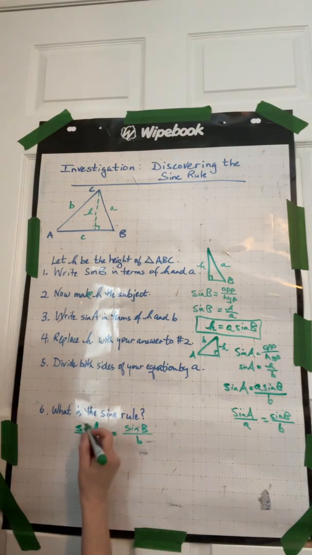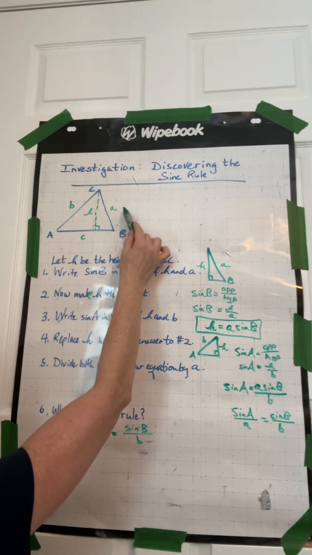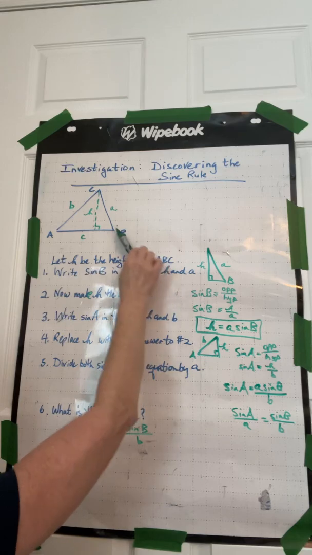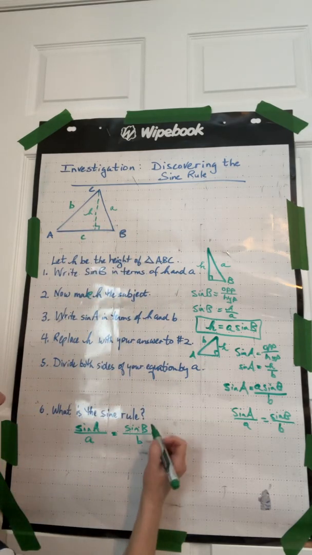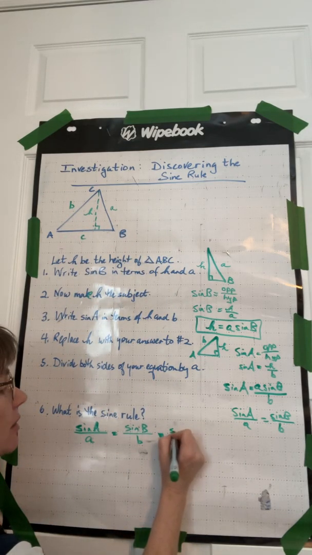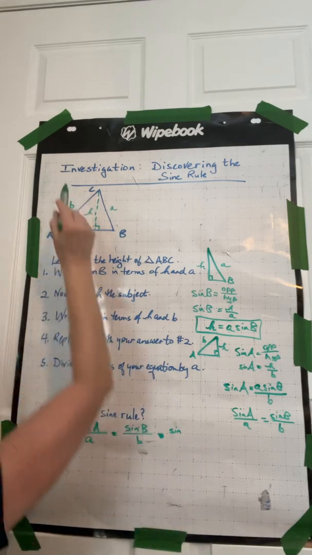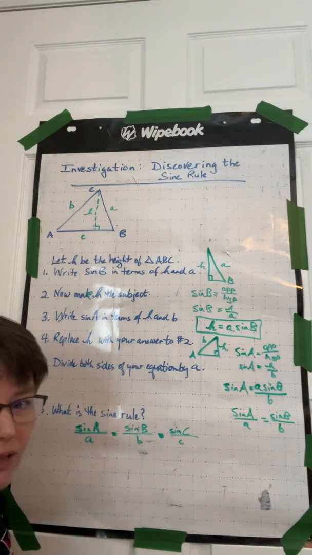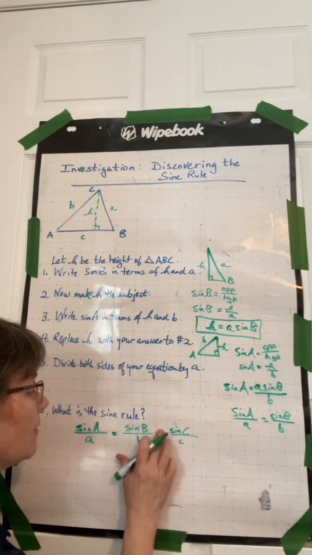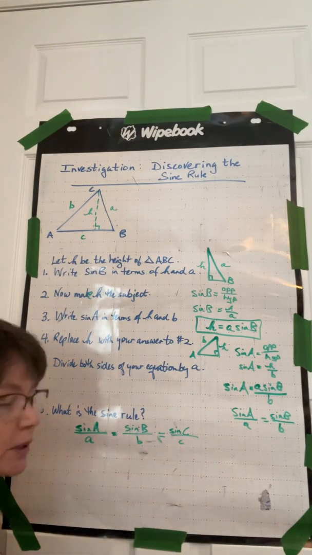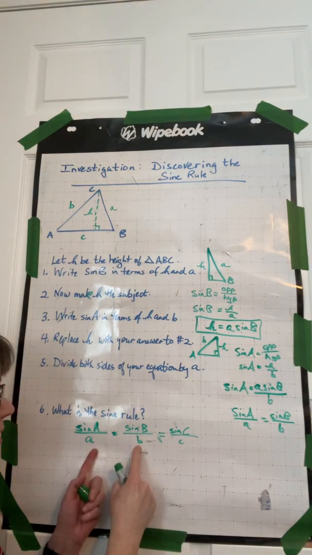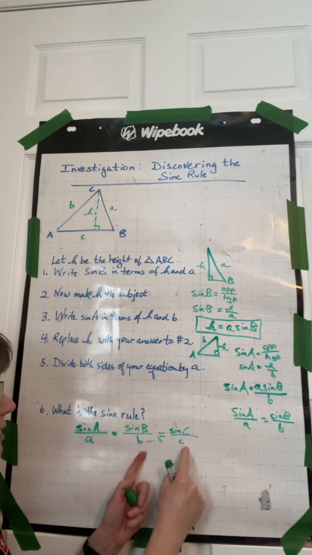So sine A divided by the side length A will always be equal to sine B divided by side length B, and in fact also be equal to sine C divided by the side length of side C. At any given time, you're only going to use two of these in an equation to help you solve. So you'll use this, these two, or these two, or these two.